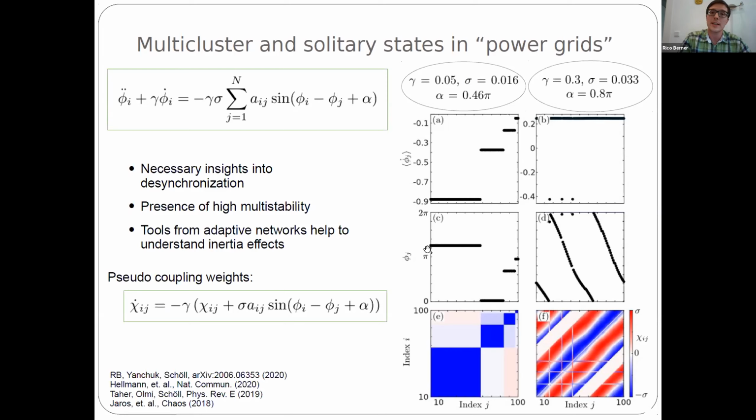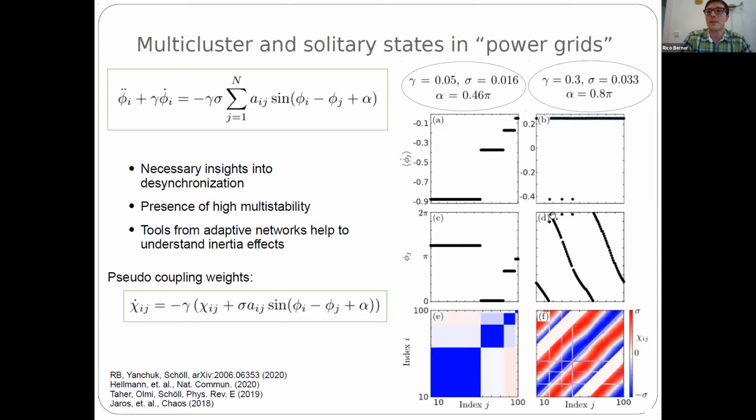And here you see the snapshots of the phases, so they are in phase, synchronous. And if you look at the pseudo-coupling weights, you can immediately see some kind of hierarchical structure, which has also been observed in adaptive networks. And on top of that, we found also a very interesting phenomenon from the dynamical point of view, which is called a splay cluster.